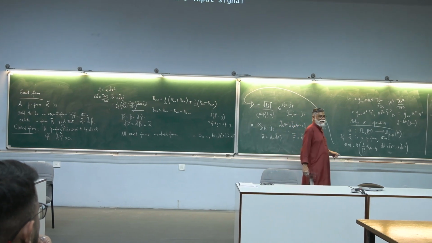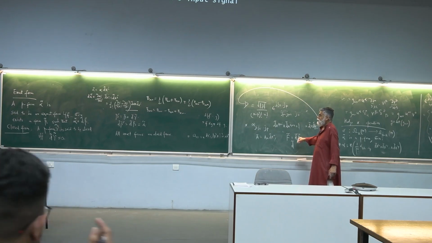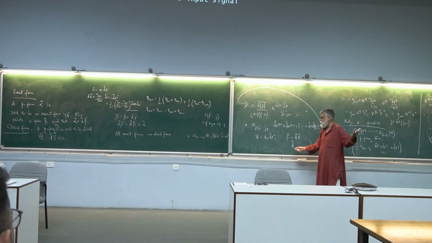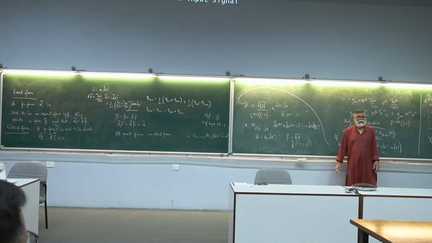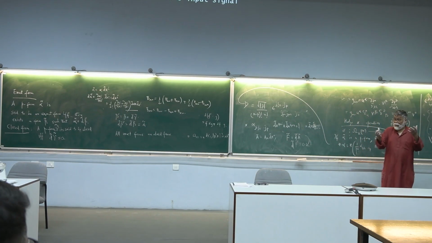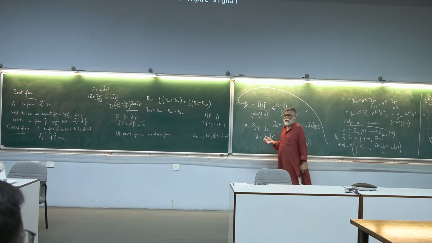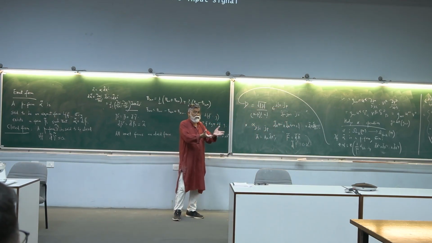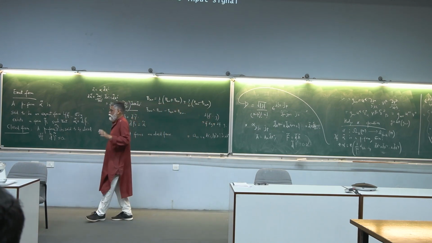Because if you write F as dA, then F becomes an exact form, and d of an exact form is 0, so dF is 0. This result is true only if magnetic charges are not there. So if you have magnetic monopoles, you cannot write F as dA. There are other ways of writing F, and then dF will be the magnetic charge density. That's the only remark I wanted to make.